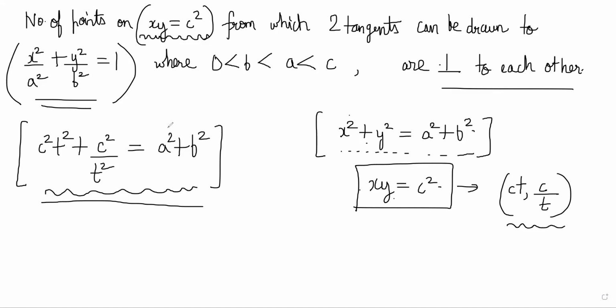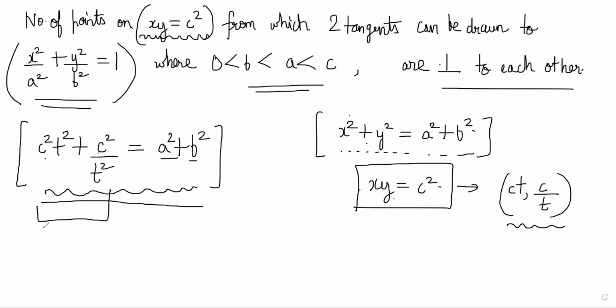Don't try to solve it. See, c, a and b are not variables, they are fixed. The only variable is t, you're solving for t. If t is different, then you get multiple points.